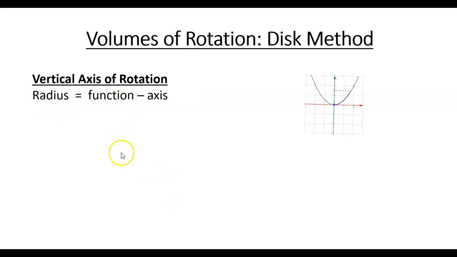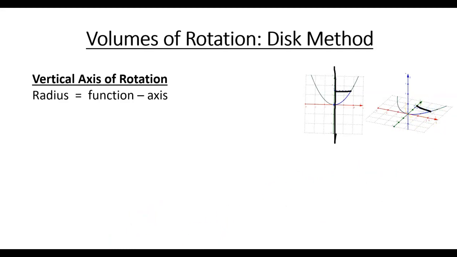Okay? Now, if you ever have a vertical axis of rotation, you're still going to have a radius, which is function minus axis, but this time, if you're going around a vertical axis, your radius is going to be like this, perpendicular to the axis of rotation, which is vertical like that. And once again, thinking about that 3-dimensionally, it would look like this, and so your radius is here.